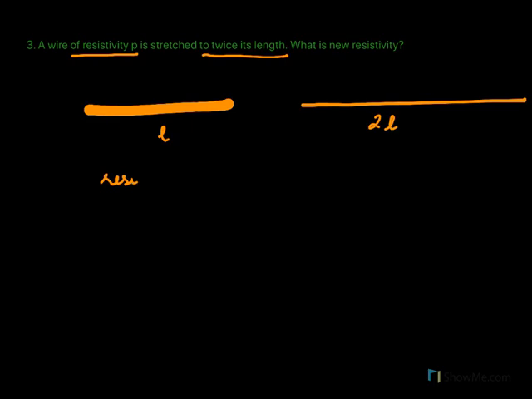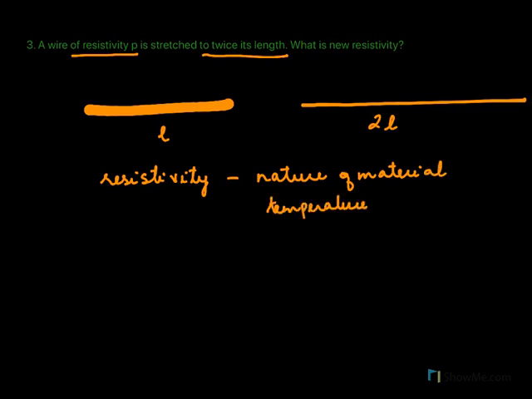Now resistivity depends, if you remember the factors on which resistivity depends, on the nature of the material and on temperature. So in this case the nature of the material has not changed. If this was copper, this again is copper.